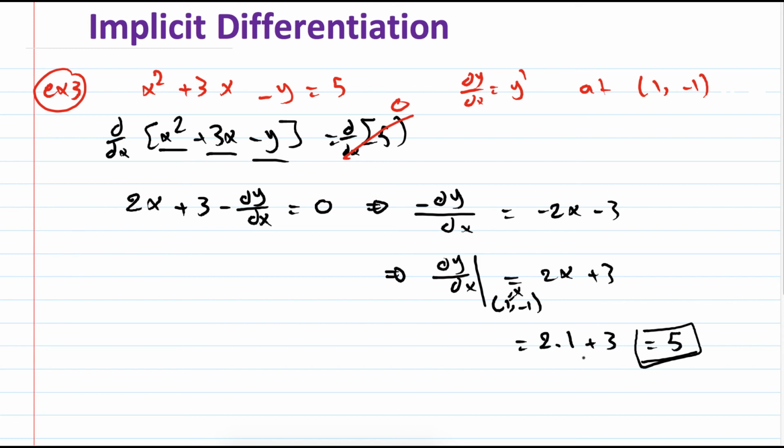If they give you a particular x and y point, just like we have right here, just evaluate it in the equation, and like that you can find the implicit differentiation at a particular point. Okay, so with this we come to the end of this lecture.